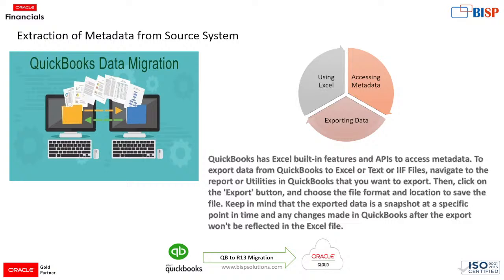Using Excel: for more detailed extraction, you can export QuickBooks data into Excel. Open a report in QuickBooks, click on Export and select Export to Excel, and save the file in your desired location.